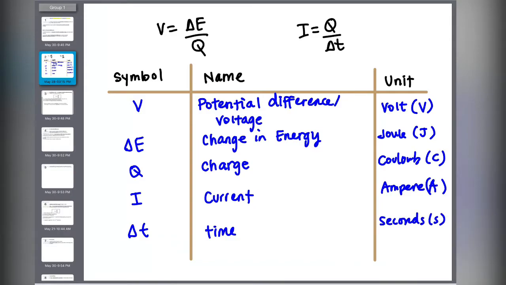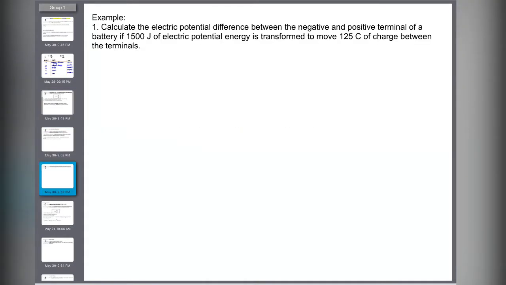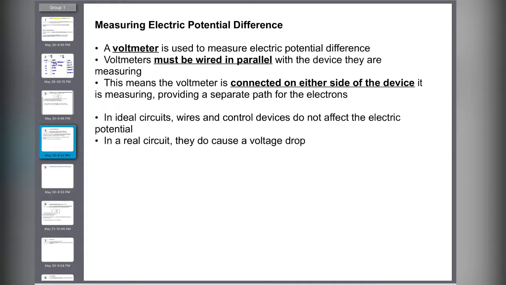So the same SI units as before. Those are the equations that we will be using. Then we're basically just going to jump ahead to this page.